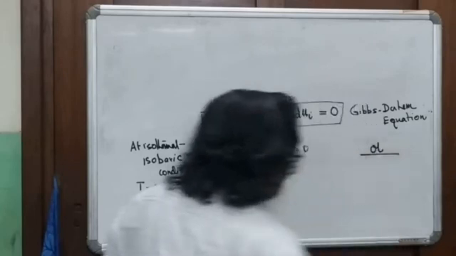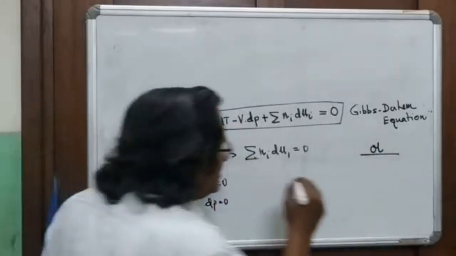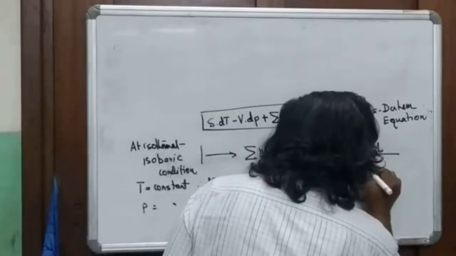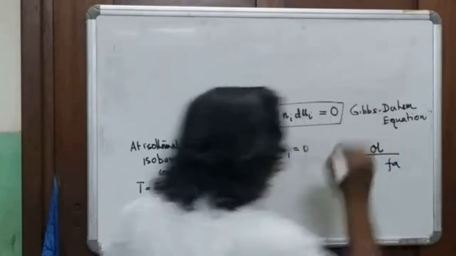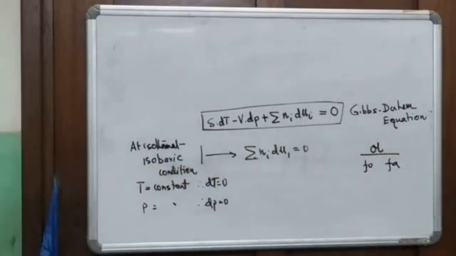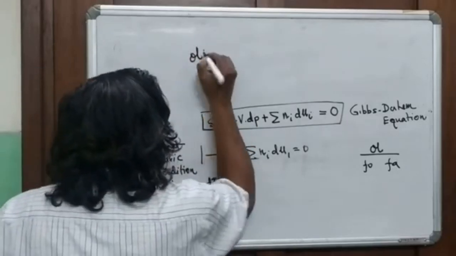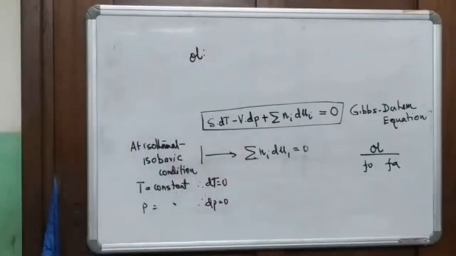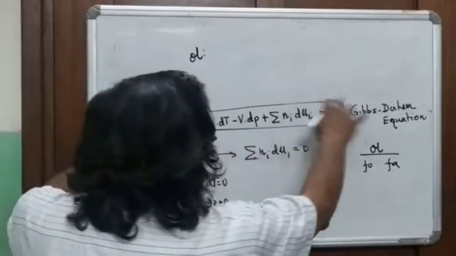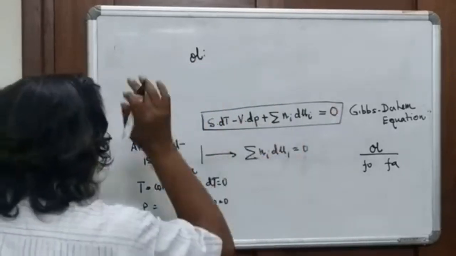Olivine is the phase, and there are two phase components, forsterite and fayalite. So what does this Gibbs-Duhem equation do for olivine at isothermal isobaric conditions? Let me write it in full first.